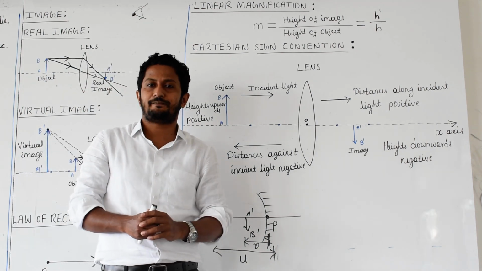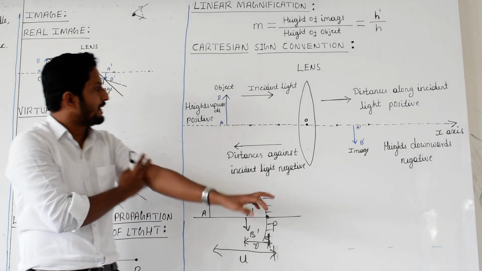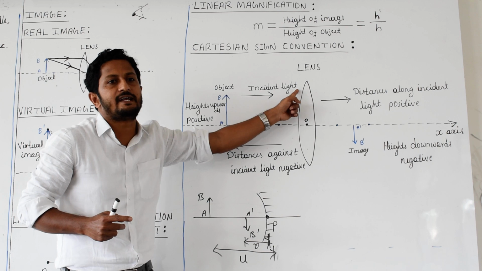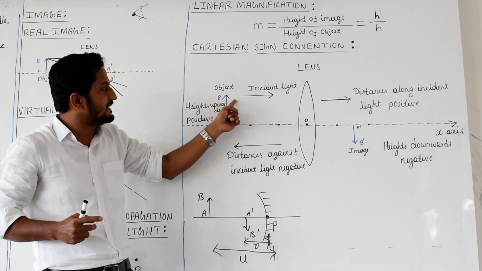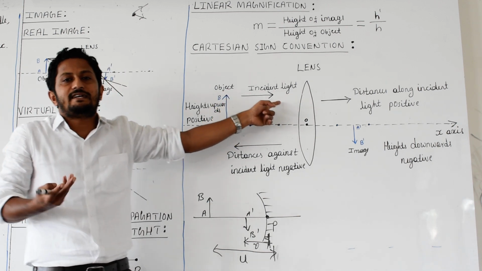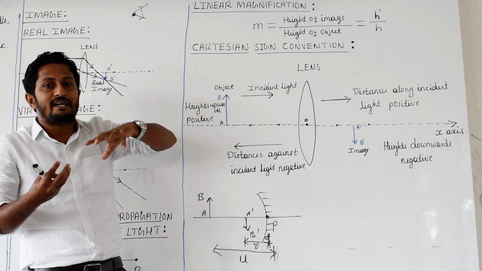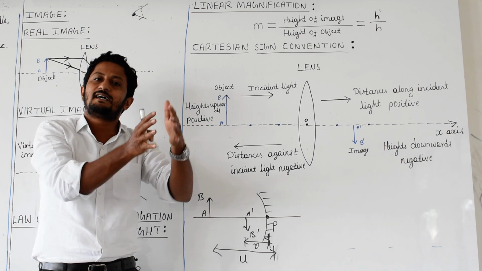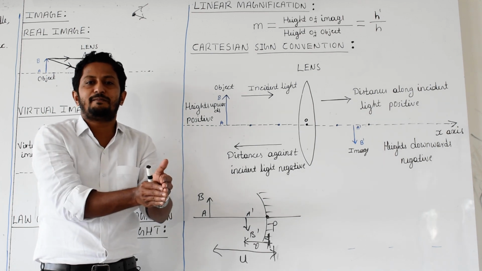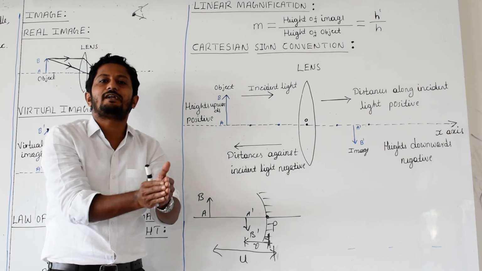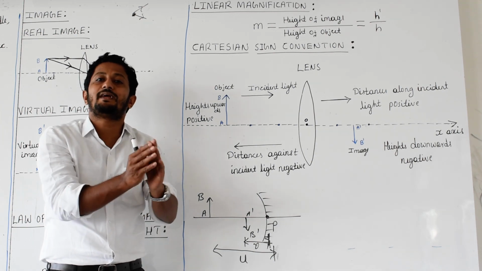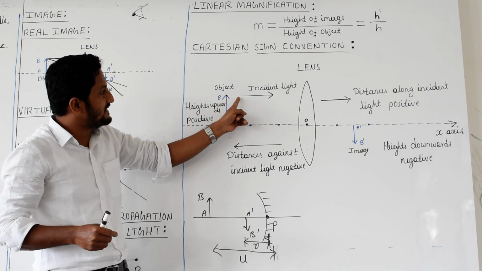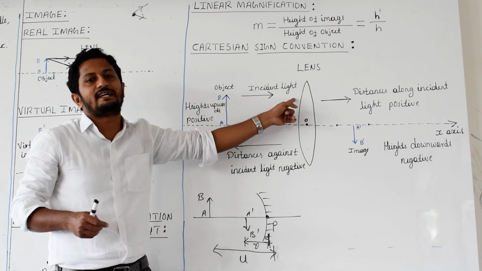Second sign convention. See here. The object is here. Here I have written the incident light ray. This is the direction of incident light, meaning light rays coming from the object towards the respective element. The element may be a mirror, a lens or a prism. This is the direction of the incident light ray.